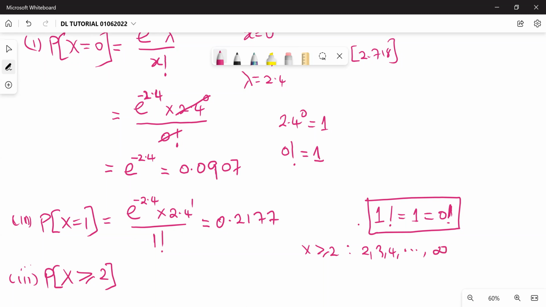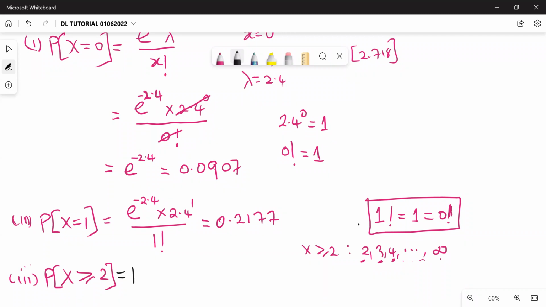So you would need to compute this probability plus this probability plus that probability all the way to the last probability. Because that is impossible, since you can't compute probabilities of x going up all the way to infinity, you use the complement rule of probability. You reverse this inequality from greater than or equal to strictly less than, but you take away that from 1.